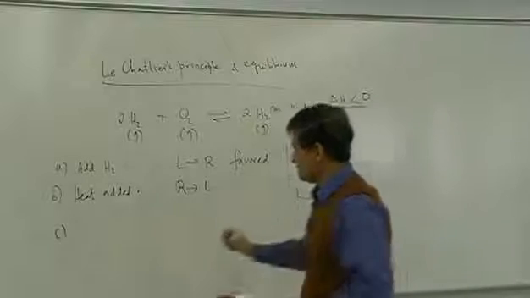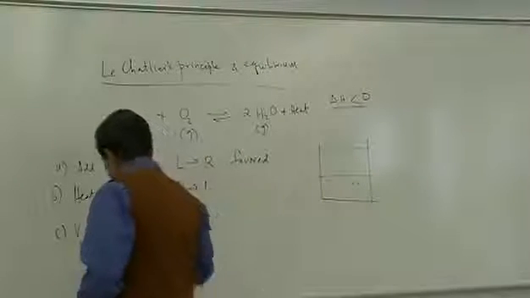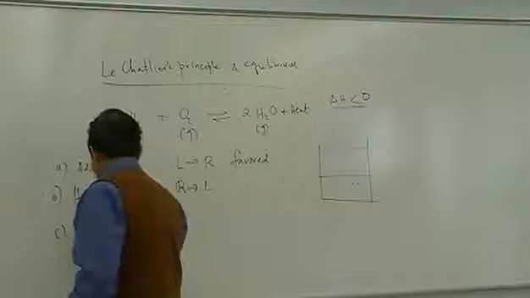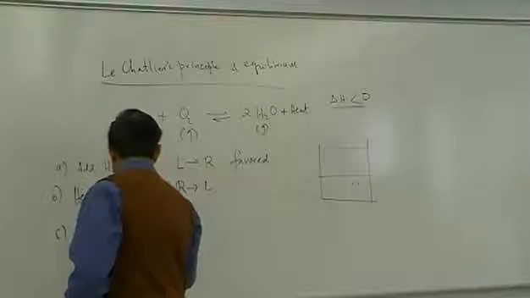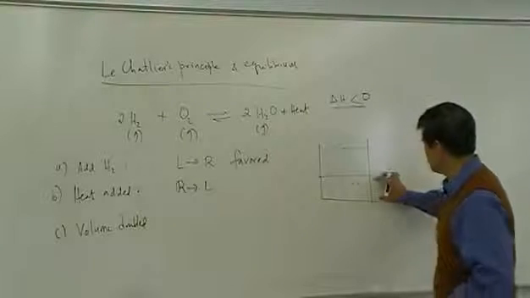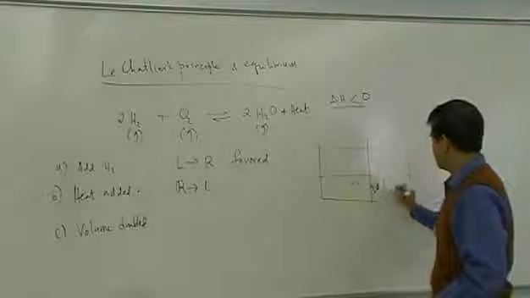When you pulled it up, total volume for all the gas molecules is increased to double. Volume double means the total volume has been doubled. Initially, this is the initial, and this is the final.